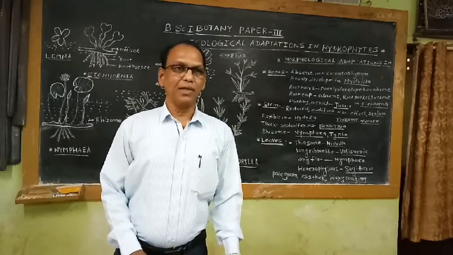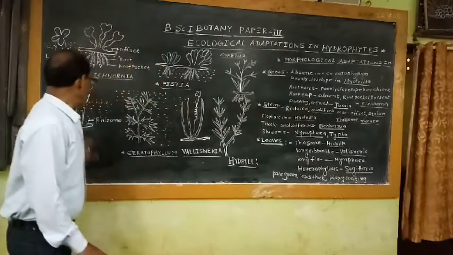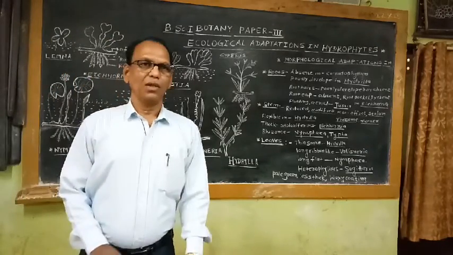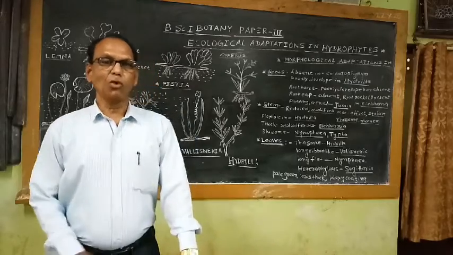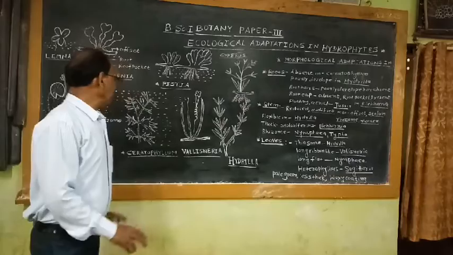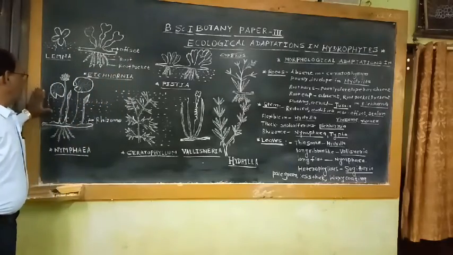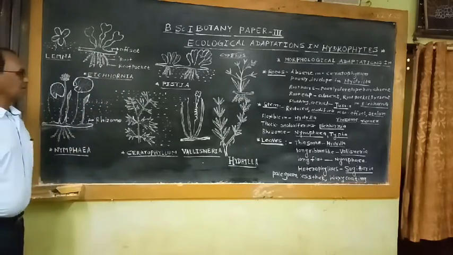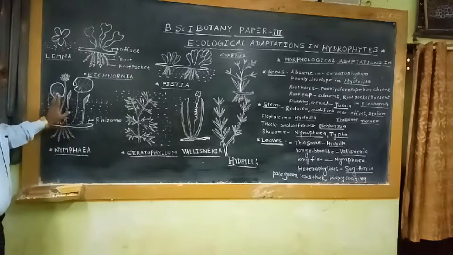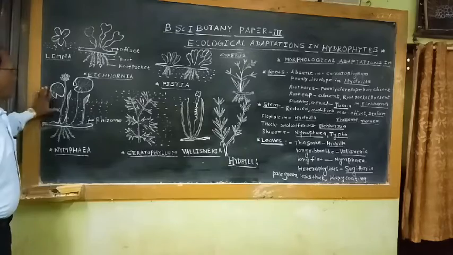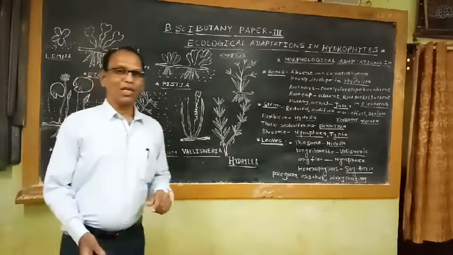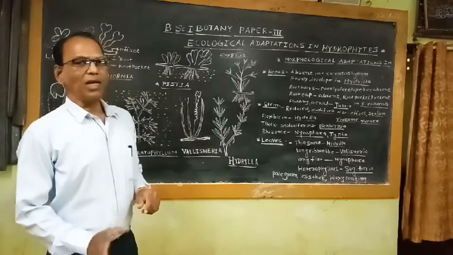Another group of hydrophyte is commonly known as submerged hydrophytes. These plants are further classified into two categories, number one, rooted floating hydrophytes. For example, Nymphaea is an example of a rooted floating hydrophyte. Another example is Nelumbo. Next example is lotus or water lily.